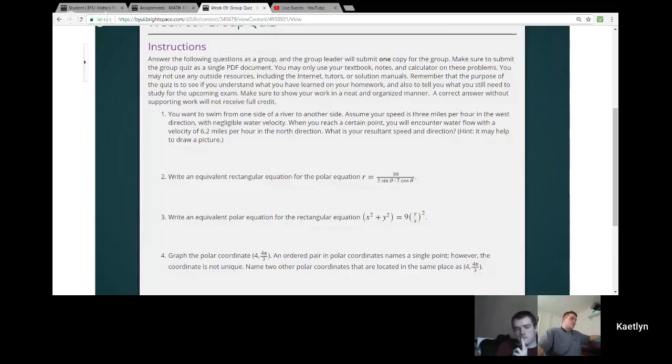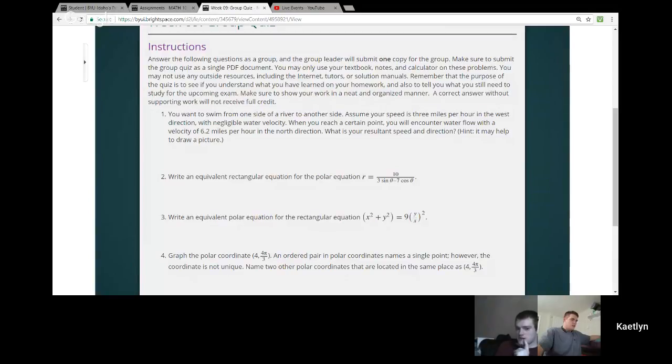Because in the book it says for each rectangular equation, write an equivalent polar equation, and the rectangular equations are y equals like 3x minus 2 or x squared plus y squared equals 9. I'm assuming the y equals is the base form. Let me continue on in the chapter a little bit. It doesn't tell you the other way.